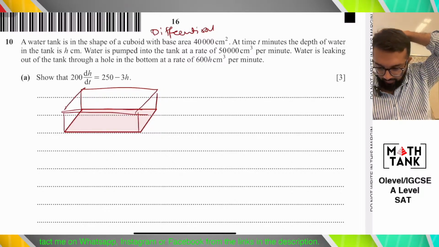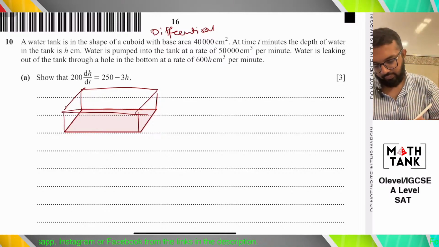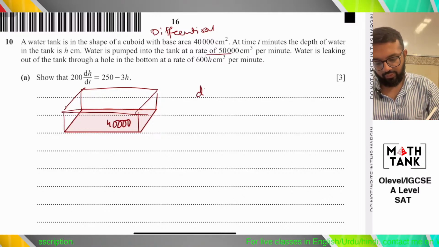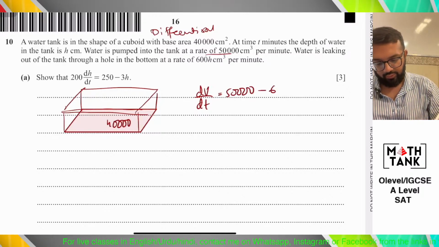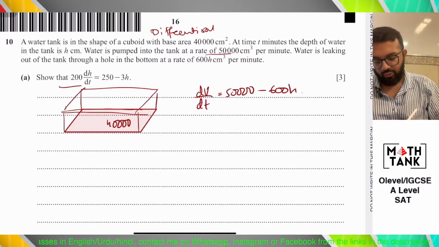Okay. 40,000 at time t minutes, the depth of the water is h in the tank. So volume is changing. 50,000 is coming in. Water is also leaking, so 600h. Show that this.